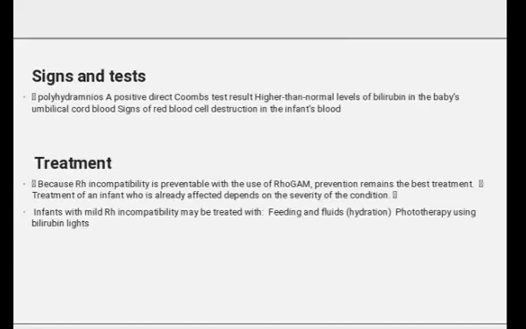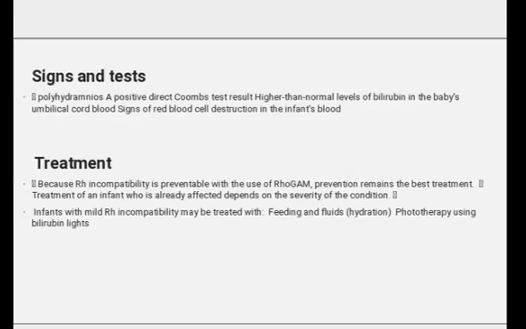Main findings are polyhydramnios, a positive direct Coombs test, higher than normal levels of bilirubin in the umbilical cord blood, and signs of red blood cell destruction in the infant's blood.